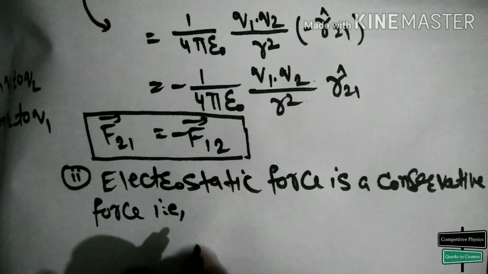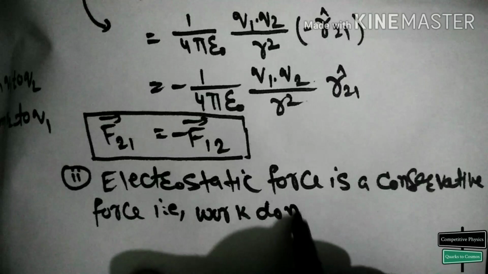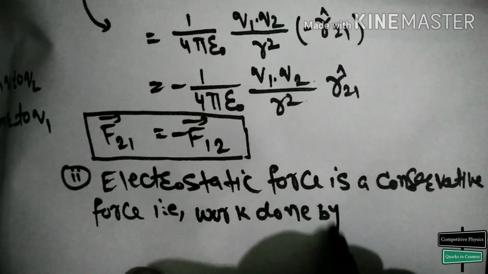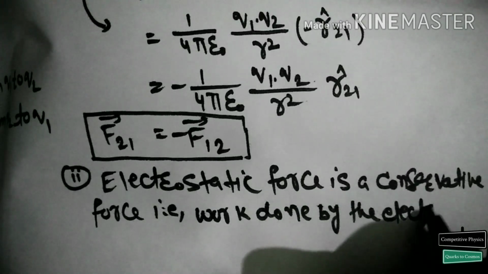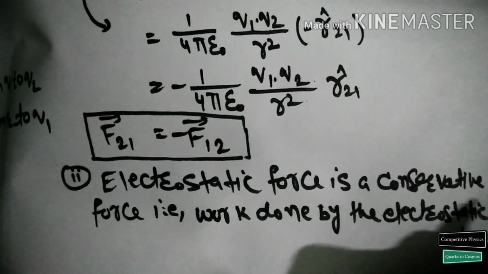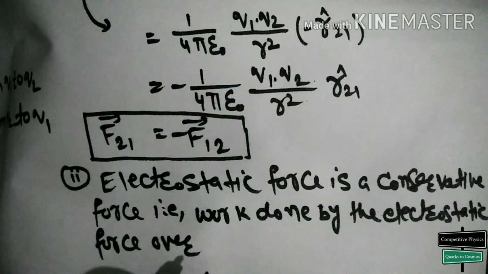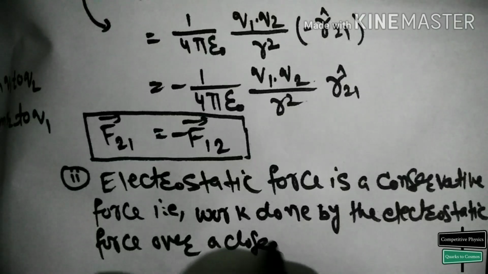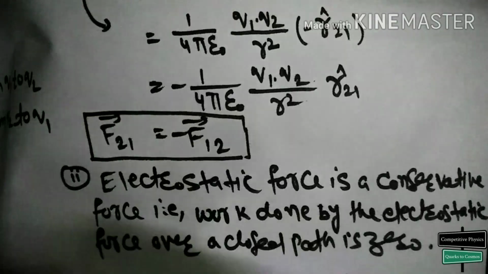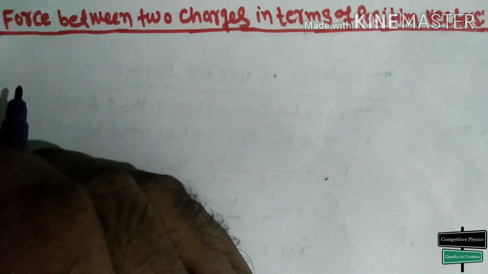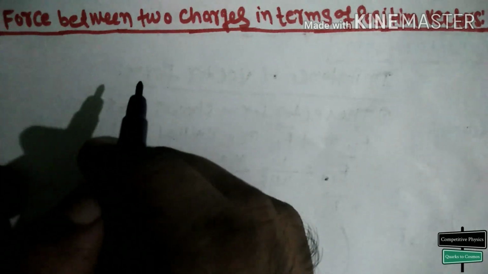That is, work done by the electrostatic force over a closed path is 0. Let us now write force between two charges in terms of position vectors.